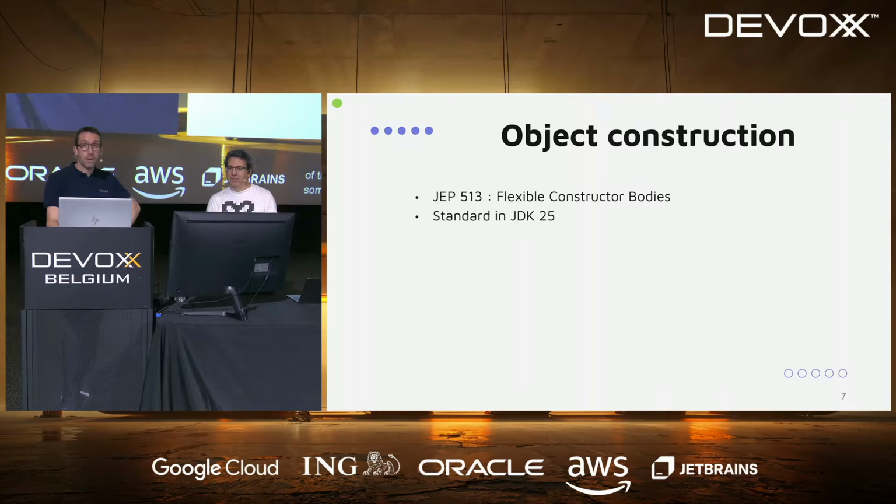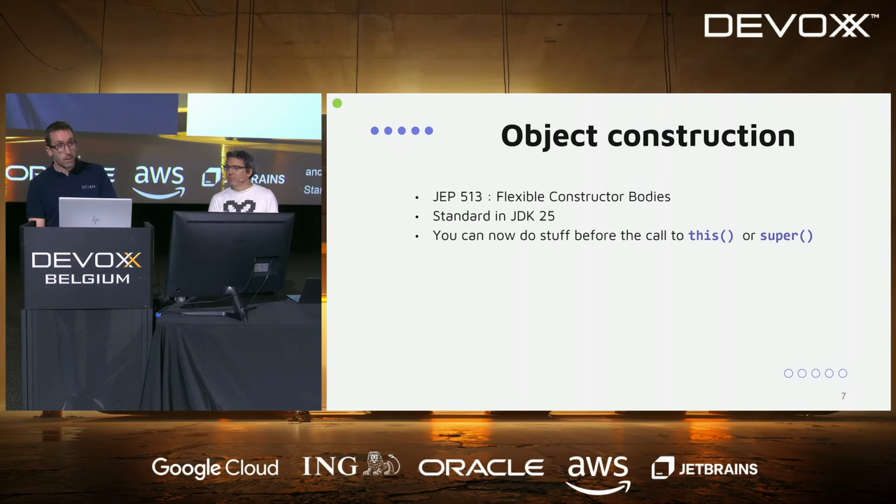But first, let's make a little detour about a new feature that came out in JDK 25. It's a new JEP called Flexible Constructor Bodies. It's standard in JDK 25, so you can use it. It was in preview for a number of versions under different names, but now it's standard.